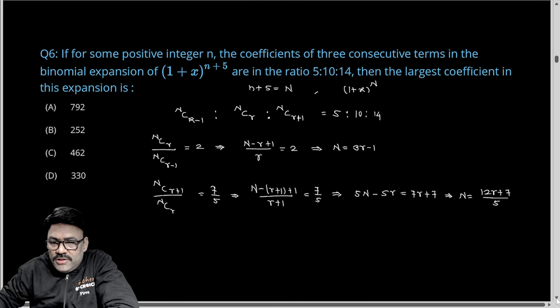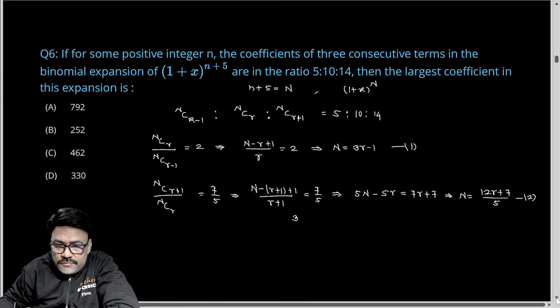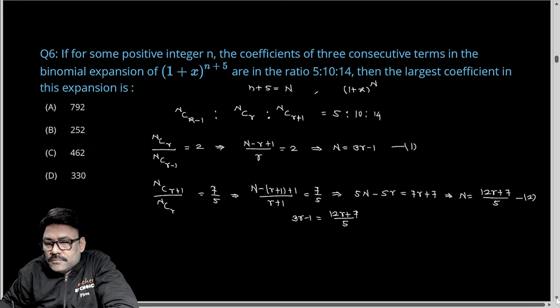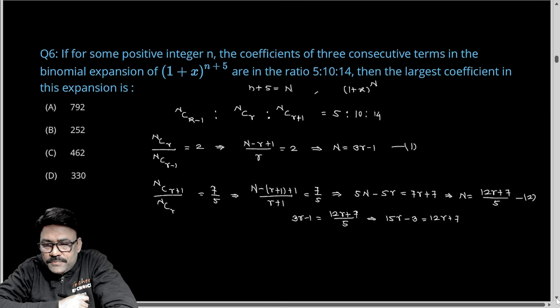So now if I equate these two values of N, one value of N is here, the other value is here, let's equate. So if I equate these two values, 3R minus 1 is 12R plus 7 by 5. So this is 15R minus 3, 12R plus 7.